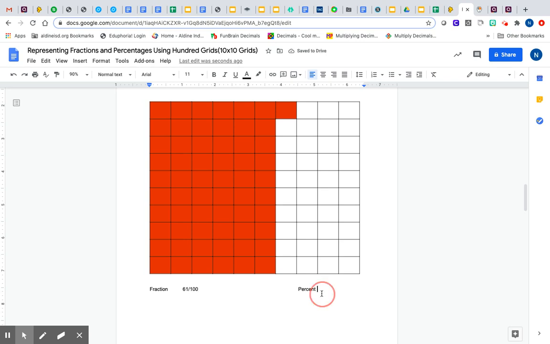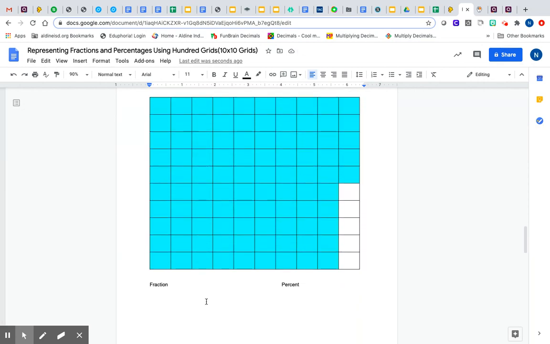Very good. Percent is always out of what number again? 100%. And so what was our fraction out of? 100. So that lets me know that since my fraction was out of 100, what is our percent? 61%. And you can also get your answer by just simply counting the squares again in your hundreds grid to get your percent.